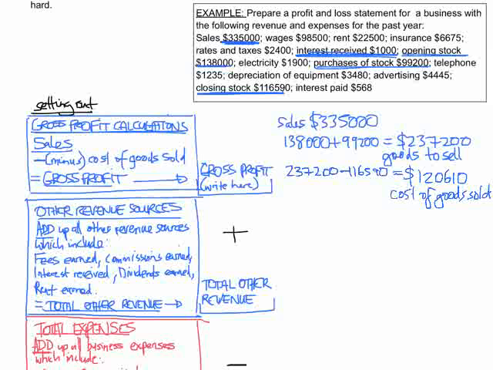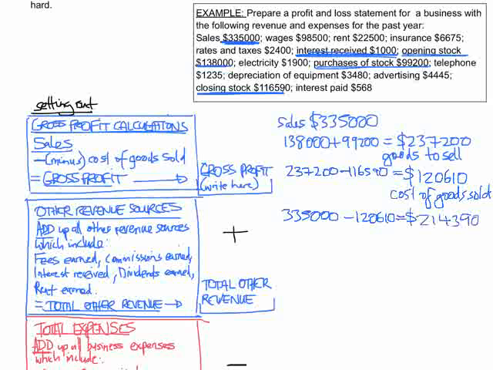And then you can work out the gross profit now, which is going to be 335,000 sales minus the cost of goods sold, 120,610, and that is going to be 214,390.